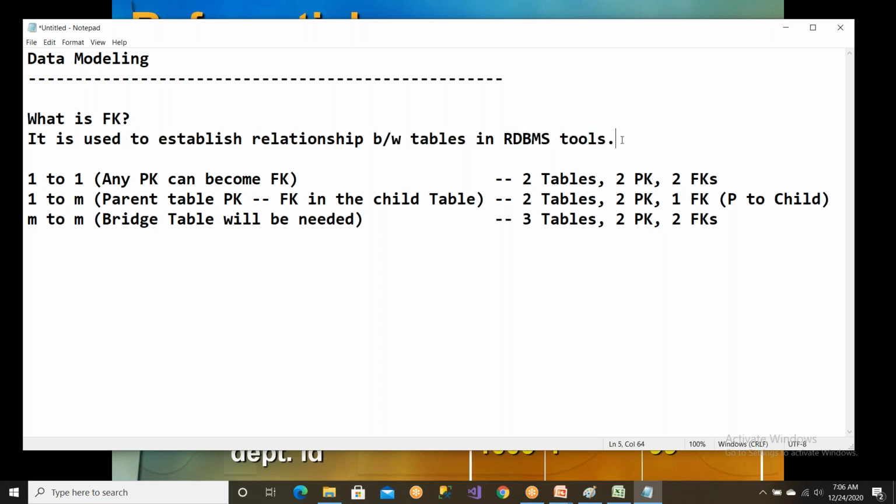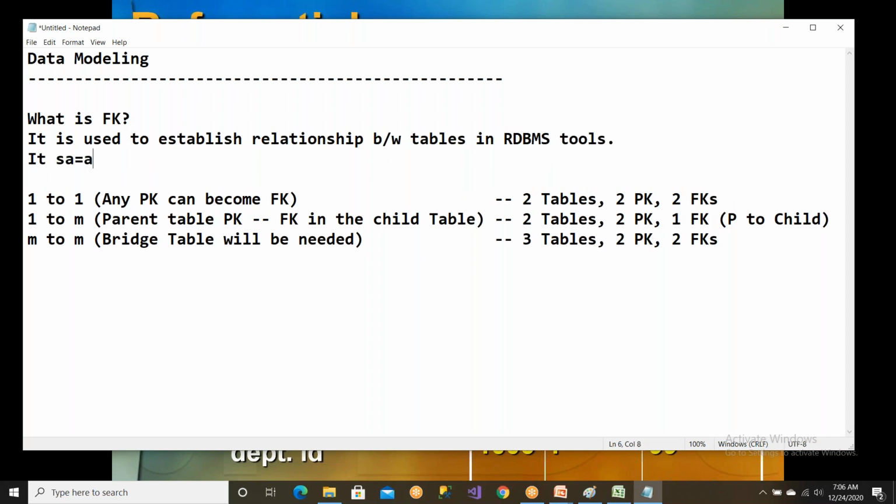So when you create a foreign key, then what happens? It also performs an existence check.